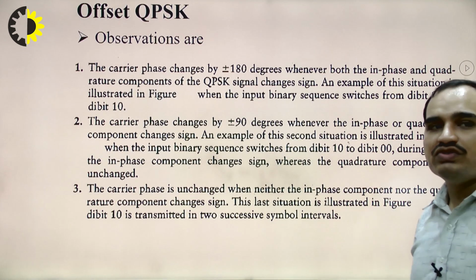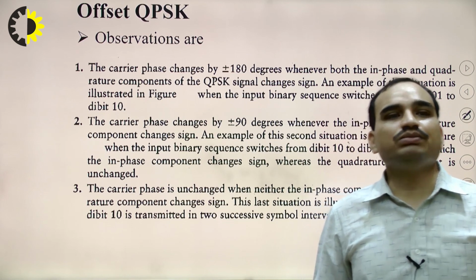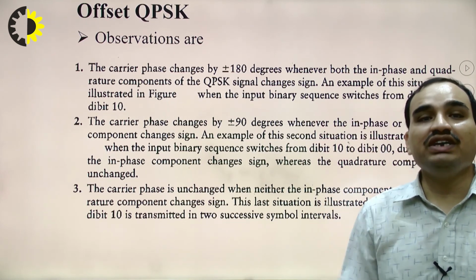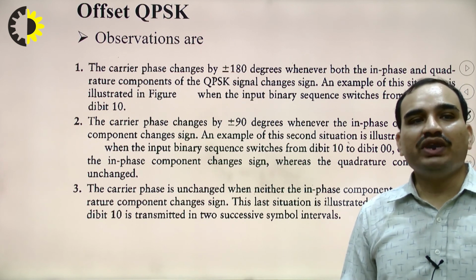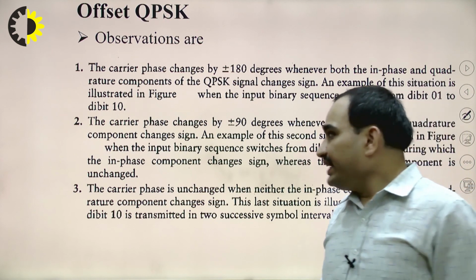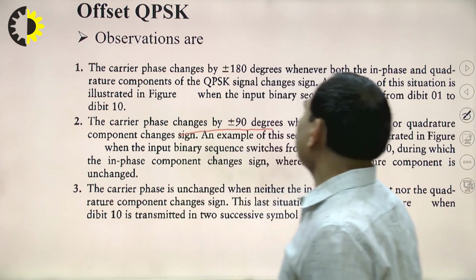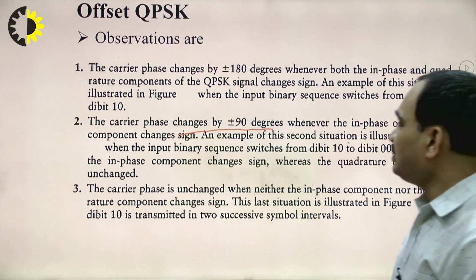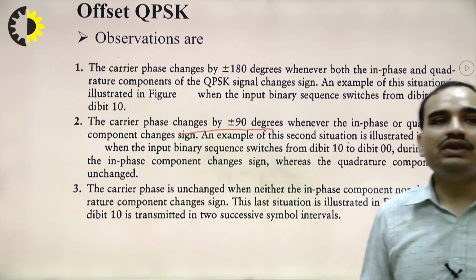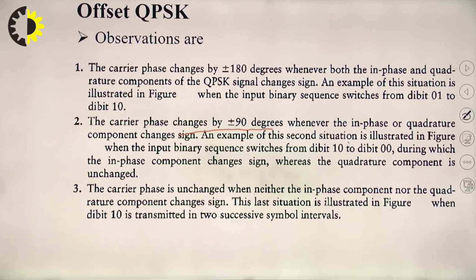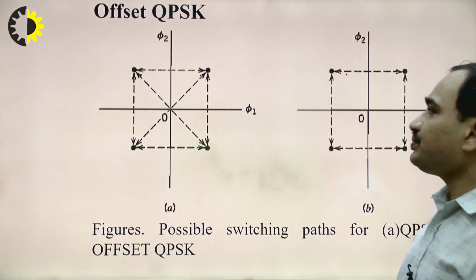Now in case of offset QPSK, the carrier phase changes by plus minus 180 degrees whenever the in phase and quadrature phase components of the QPSK signal change sign. Another is that the carrier phase changes by plus minus 90 degrees whenever either the in phase or the quadrature phase signal changes sign. And the third observation we can make is that the carrier phase is unchanged when neither the in phase component nor the quadrature phase component changes sign.